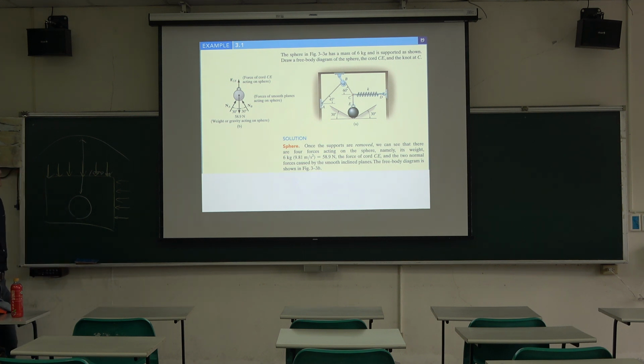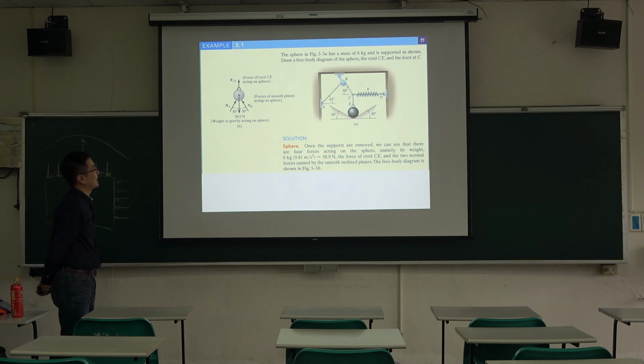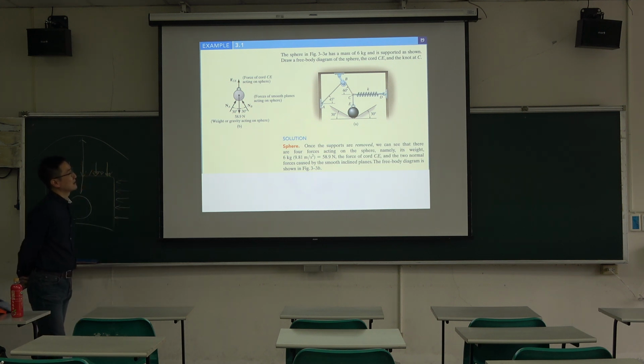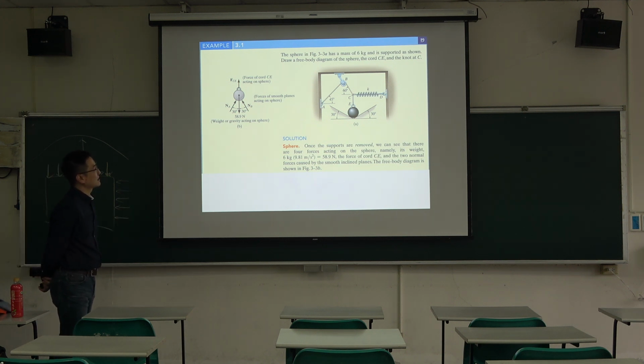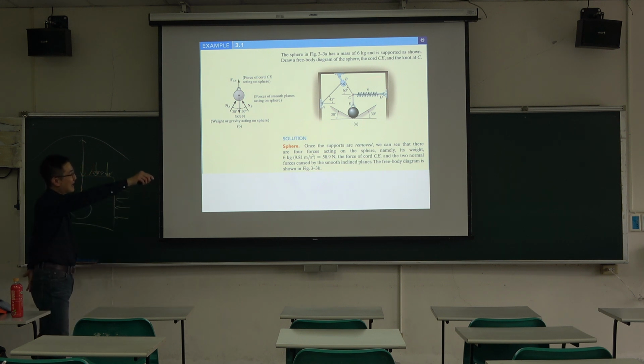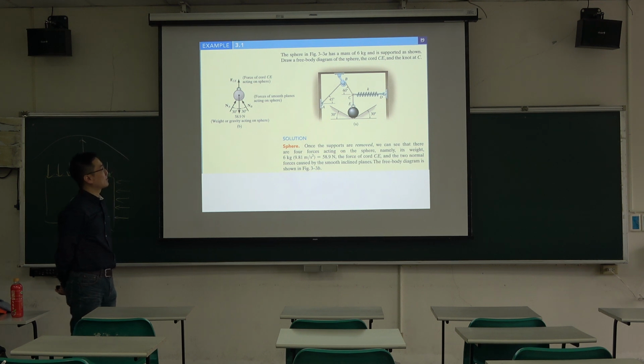Then we have a look at Example 3.1. The sphere shown here has a mass of 6 kilograms and is supported by a load system. Draw a free body diagram of the sphere. The cord CE is here, and the nut at C here.